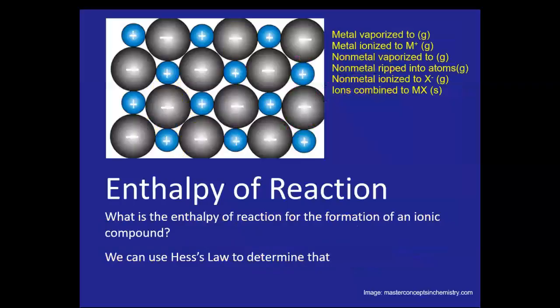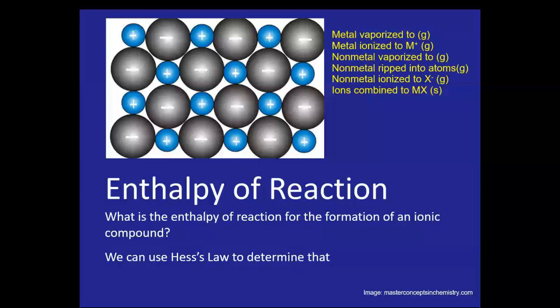Now we're going to look at enthalpy of reaction. This is something you're supposed to study in first year, and we're going to see what happens in order to determine what we call the lattice energy, because this is something that's sometimes operating on tests.